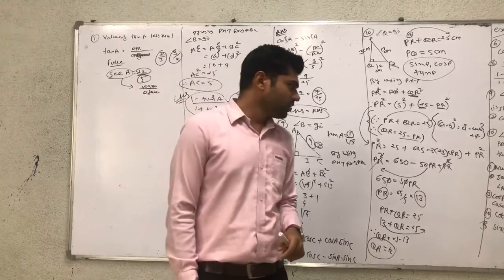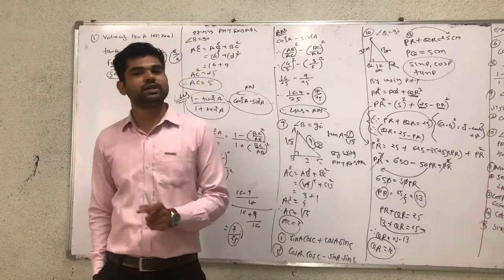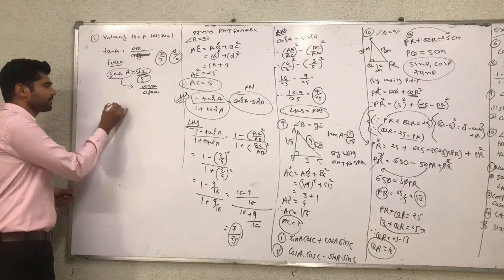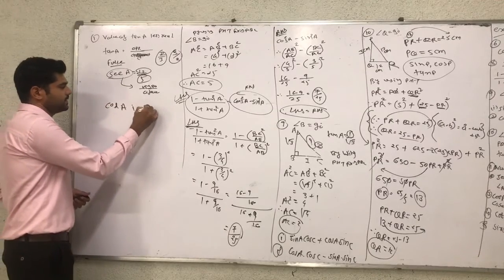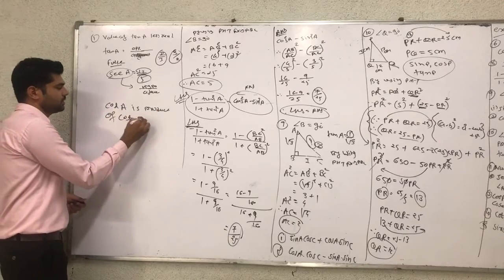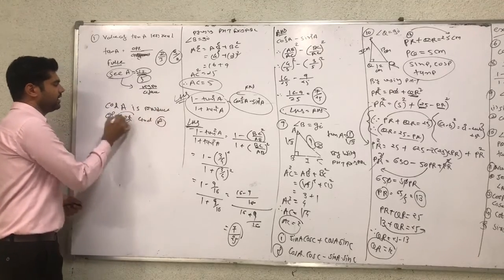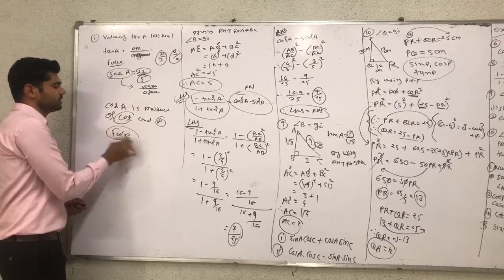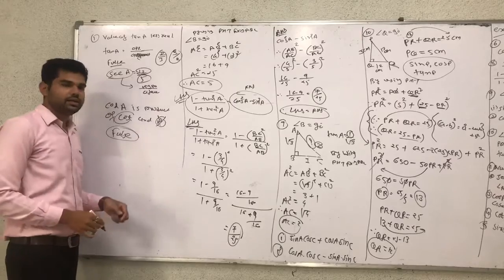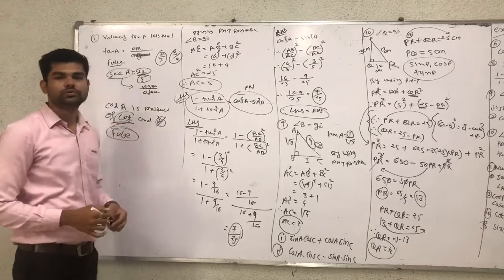Statement number 4: cot A is a product of cot and A. So both are different. The reason is statement is false because without angle A, cot has no value.